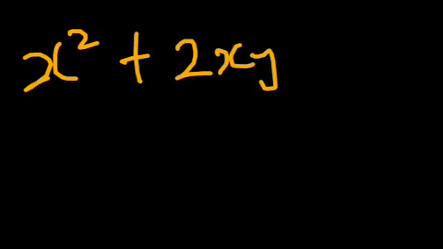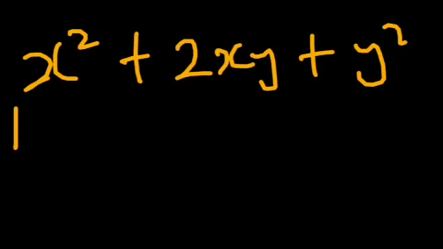Let me write that again: x squared plus 2xy plus y squared. Now, if you look at this, the coefficients here are 1, 2, and 1. So the binomial coefficients are 1, 2, and 1.